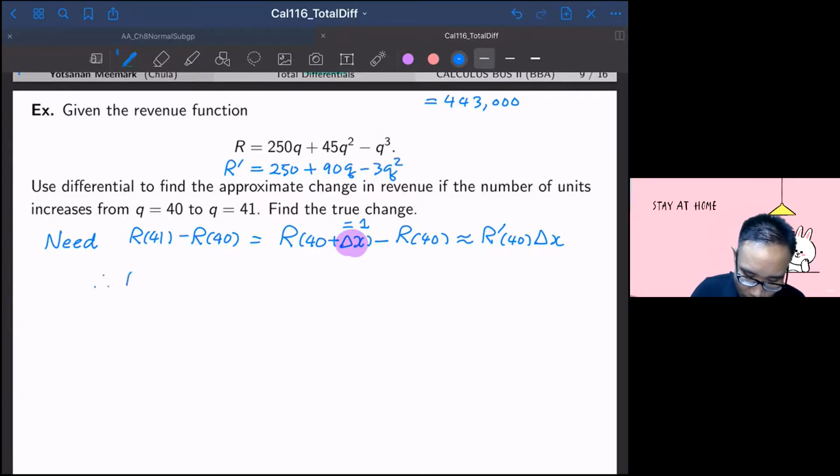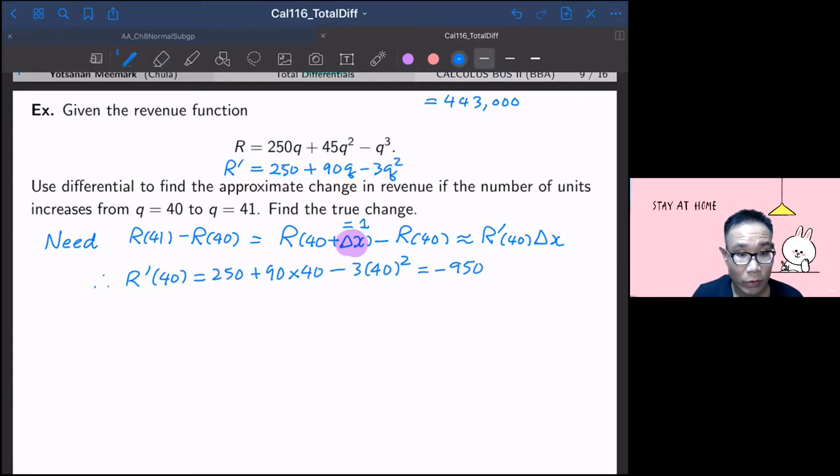So you get R prime at 40 equal to 250 plus 90 times 40 minus 3 times 40 squared.